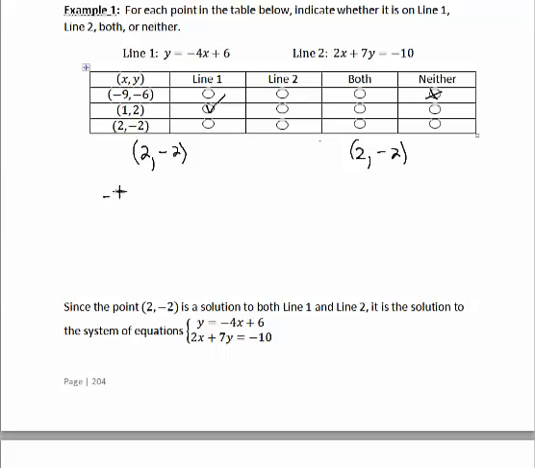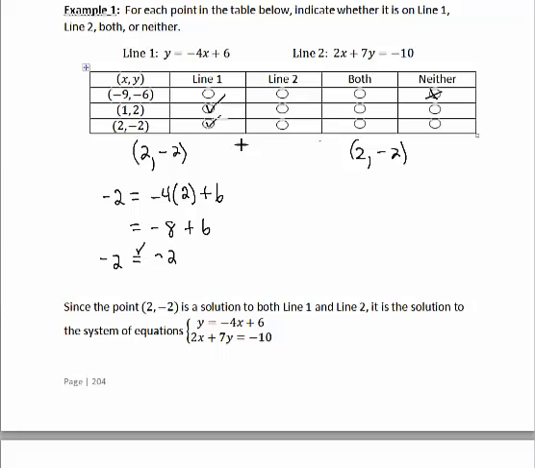Y is on the left, we have a negative 2. X is on the right, it's multiplied by a negative 4, and then we add 6. Negative 4 times 2 is a negative 8. If we add 6 to that, we get a negative 2, which does match the left hand side.